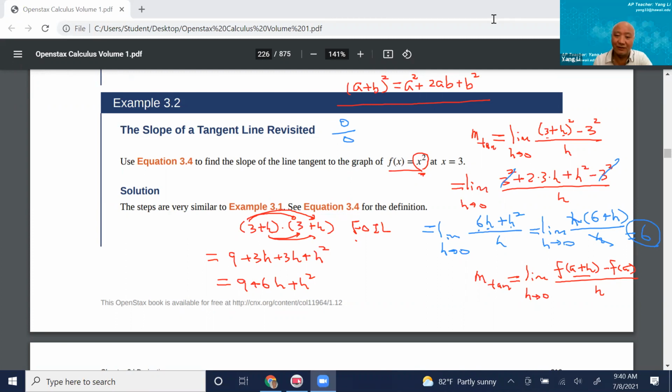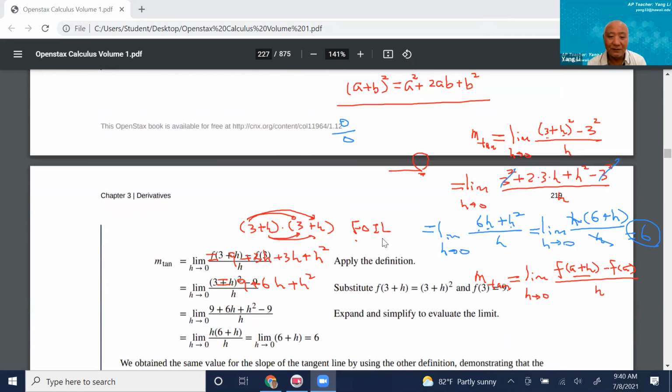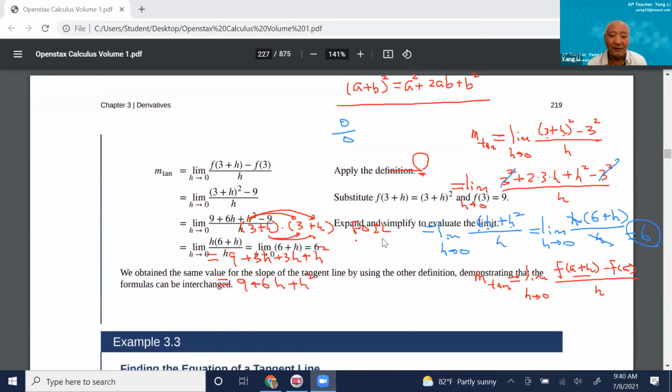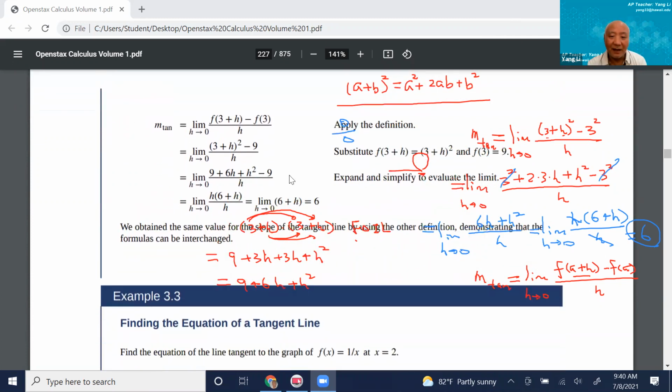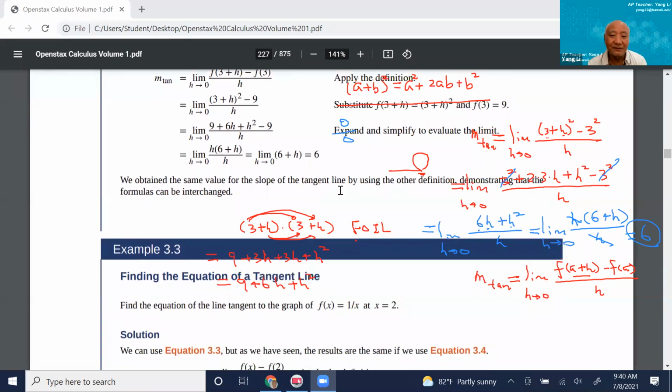Let's see what the book explained to us here. The book explained the same thing. They plug in here and break it down, and then you get 6. So this is another way we can do it. We can use either definition of the slope of a tangent line.